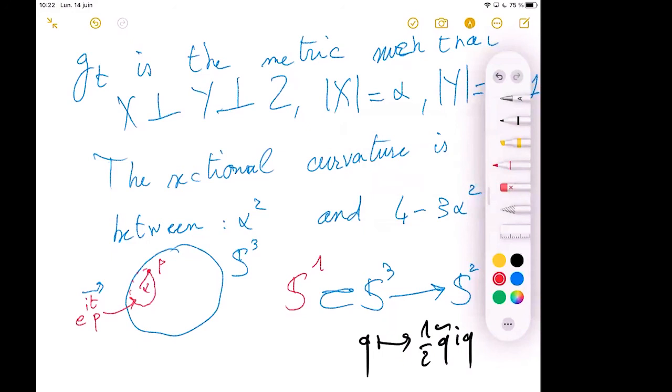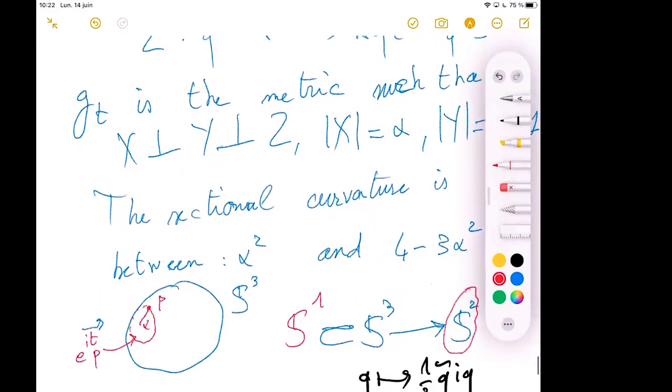So when alpha goes to 0, then our S1 shrinks, and all that's remaining is this S2 factor. So we have these circles which shrink, and the Gromov-Hausdorff limit as alpha goes to 0.